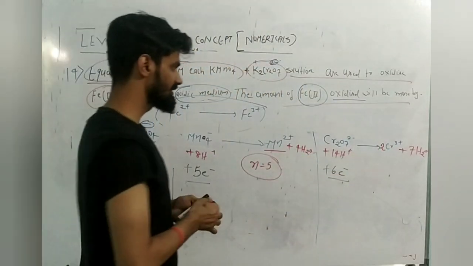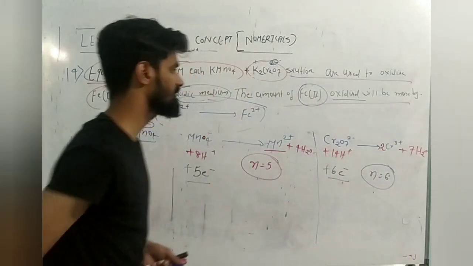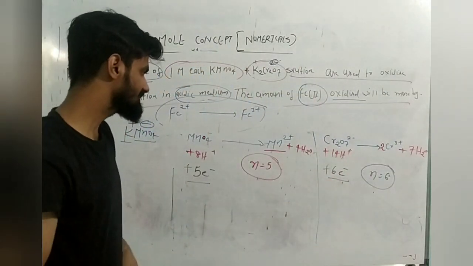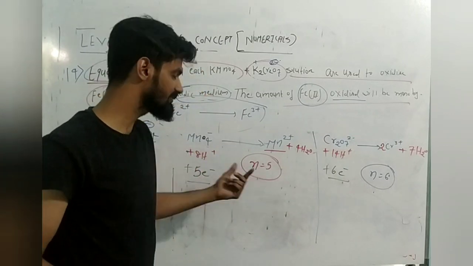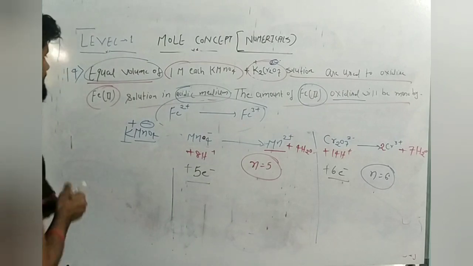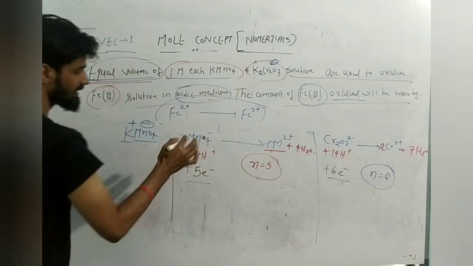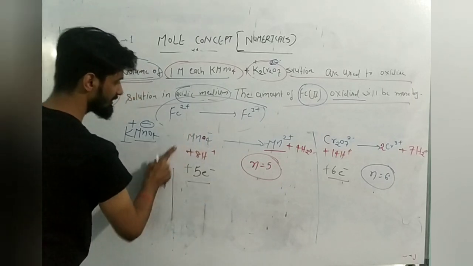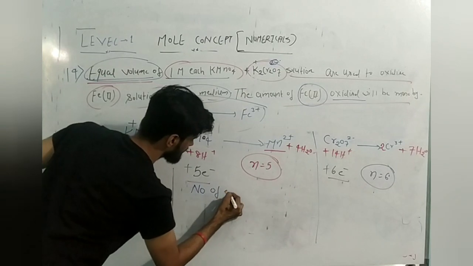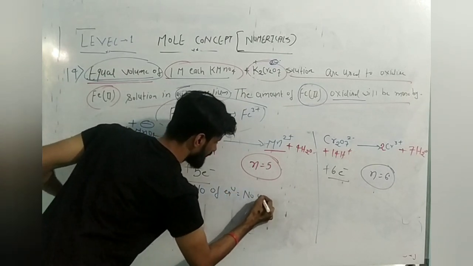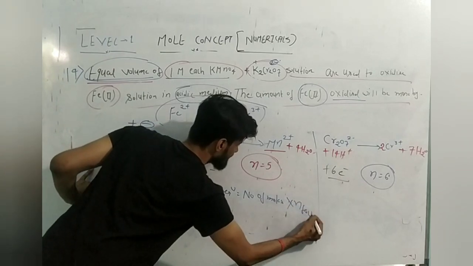Here if you will see, then the N factor is equal to 6. My dear student, understand one thing. Here there are 6 moles, and there is equal volume and equal molarity. If you calculate the number of equivalents, number of equivalents is equal to number of moles multiplied by the N factor of the reaction.